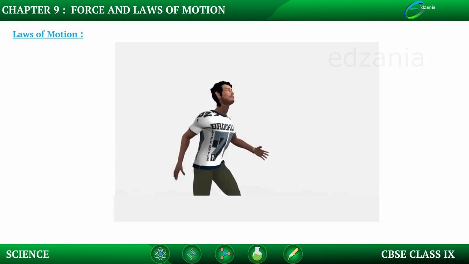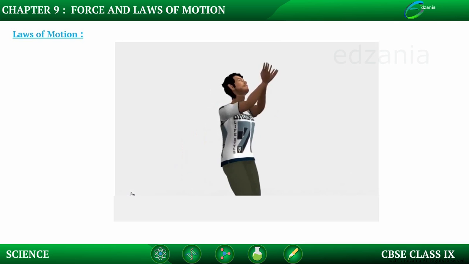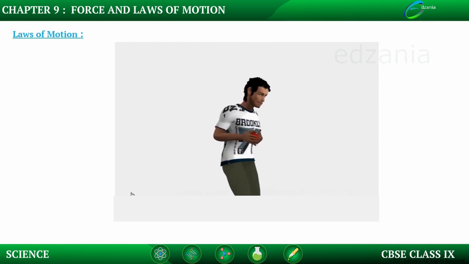We can apply the second law of motion in the case where a player catches a fast moving cricket ball. The fielder gradually pulls his hands backward while catching the ball. Let's see how. See, when this player catches the ball, he pulls his hands backward. In doing so, this fielder increases the time in which the velocity of the ball decreases to 0 in his hands.